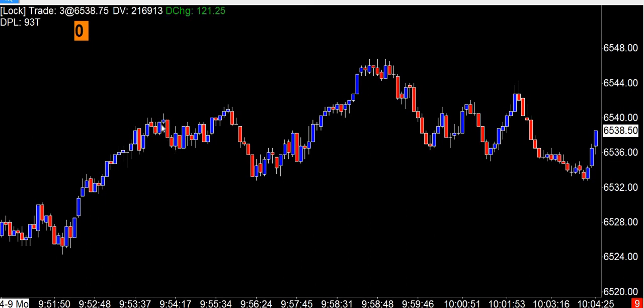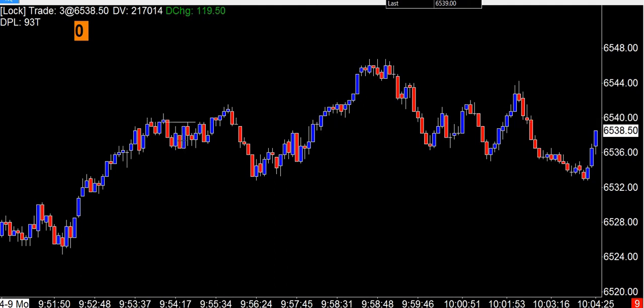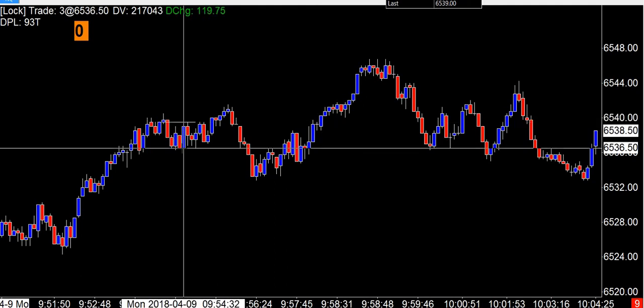Breaks this 2B over here, and here is a little setup right over here. If I remember correctly, 39.50. I think I got 7 on this deal, if I'm not mistaken.